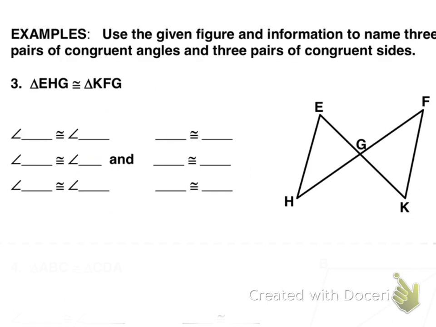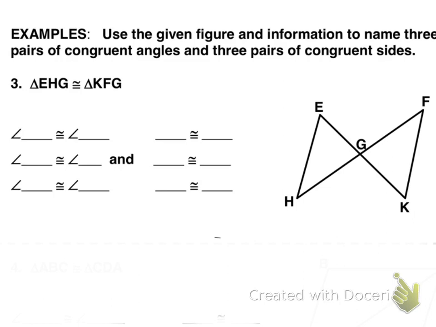Alright, looking at the next example. Use the given figure and information to name 3 pairs of congruent angles and 3 pairs of congruent sides. Okay, so we have to be sure that we mark these matching angles and sides.